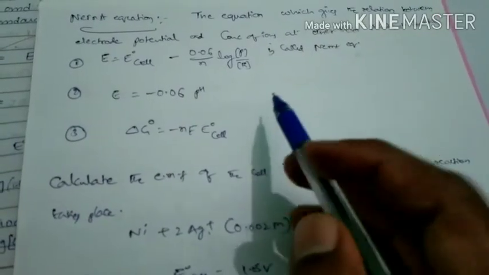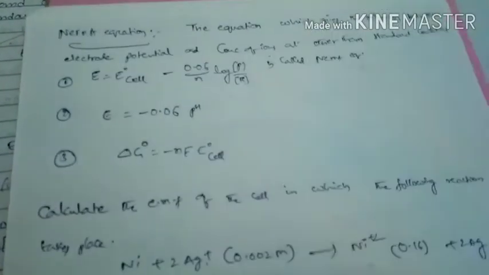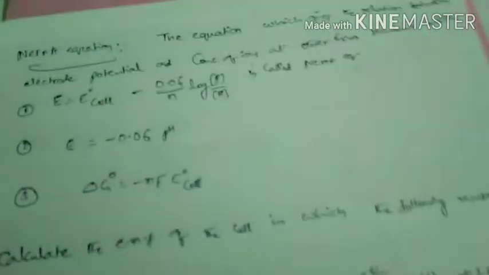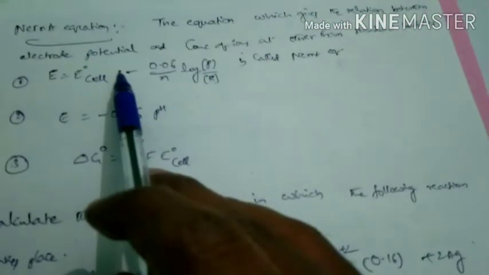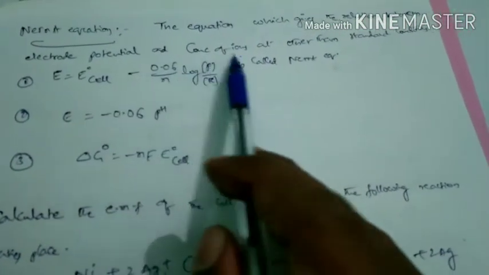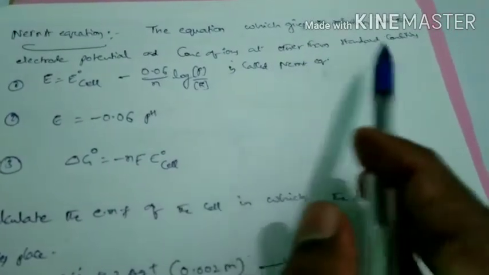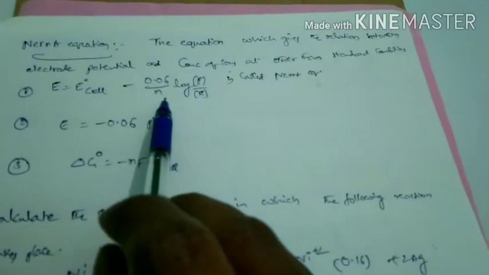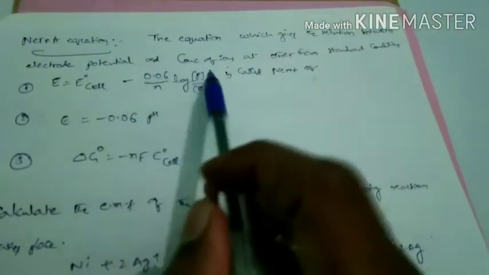Next one, a very important topic, that is the Nernst equation. The Nernst equation is the equation which gives the relation between electrode potential and concentration of ions at other than standard conditions. Actually, this part is also included in the galvanic cell topic.